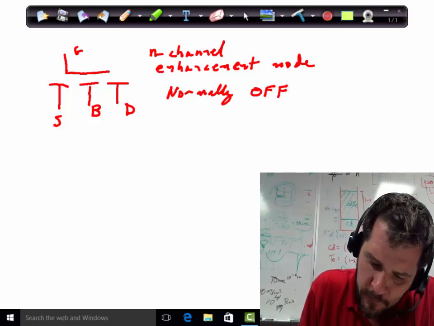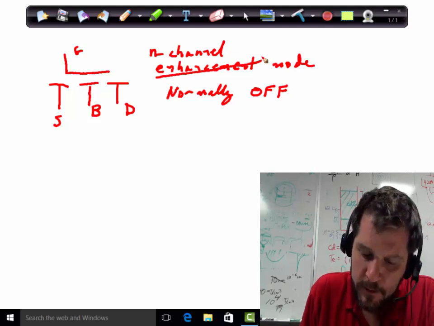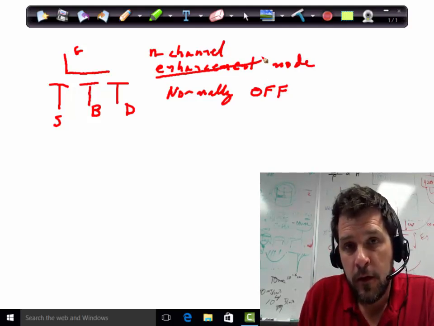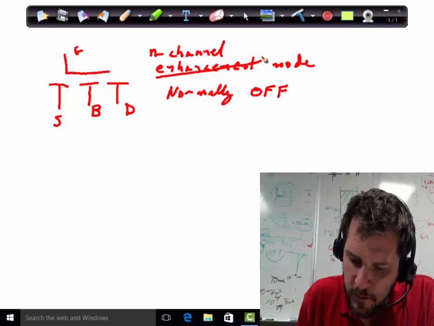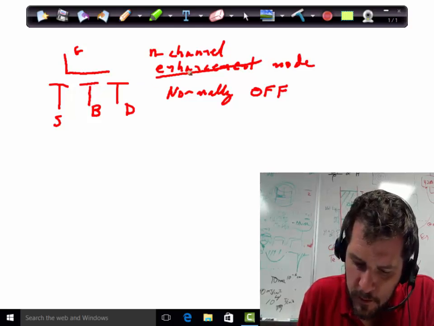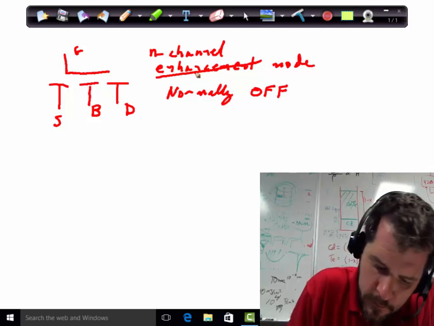We can change it to a depletion mode device by changing the direction of voltage, or we can change the work functions or doping in the material to achieve this.